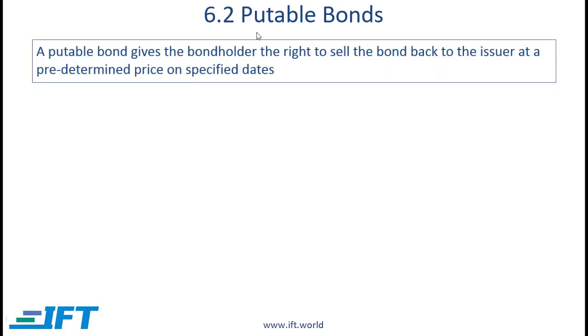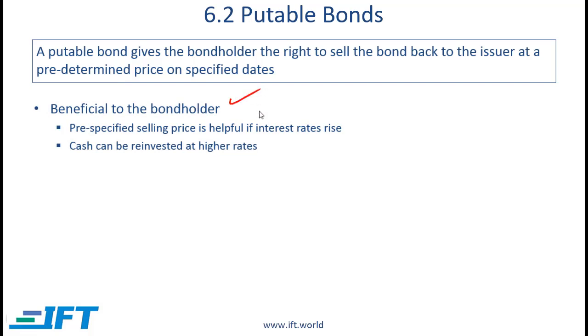Next we get to puttable bonds. A puttable bond gives the bondholder the right to sell the bond back to the issuer at a predetermined price on specified dates. Clearly, this is beneficial to the bondholder, because if the bond price comes down, then the bondholder can give the bond back to the issuer and get his money.